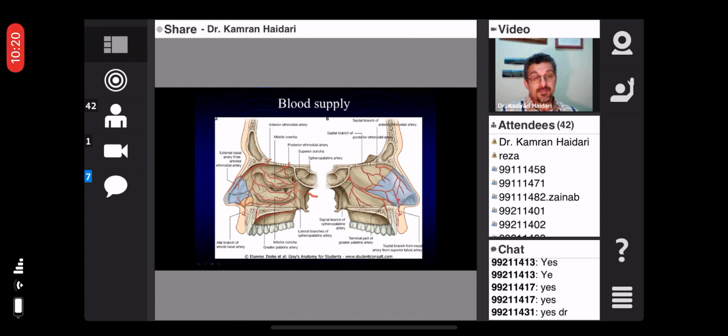We've got an important anastomosis in anterior nasal cavity.